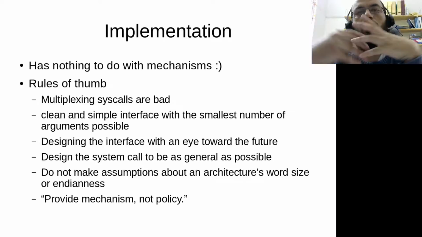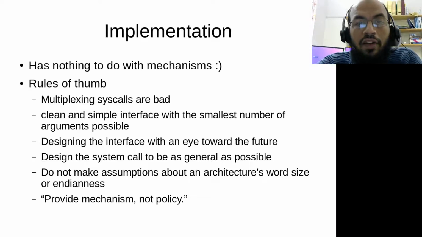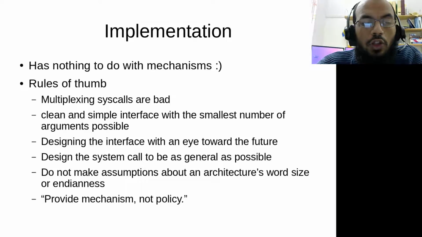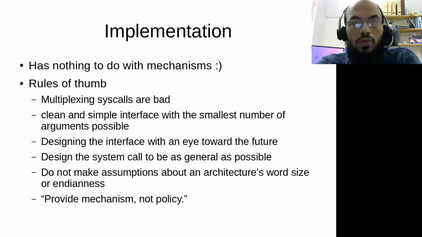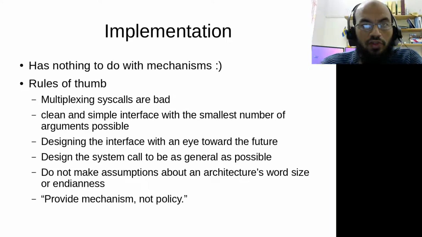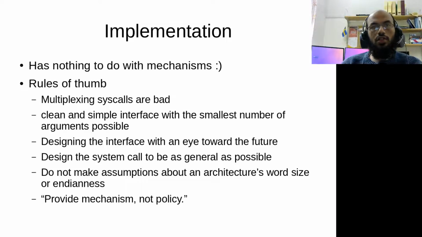I mean, this is very frowned upon. You should not have the input to the system call controlling the output of the system call. If it's worth it, then just implement a new system call.